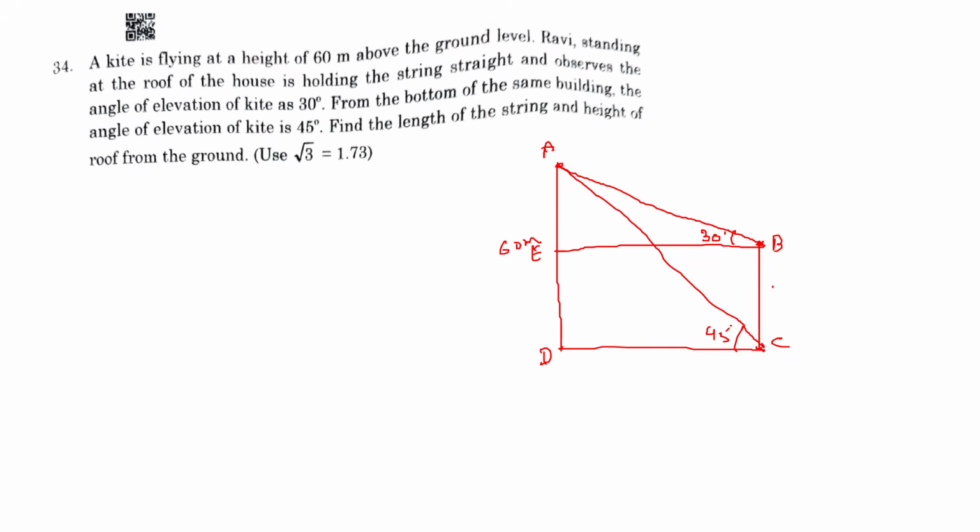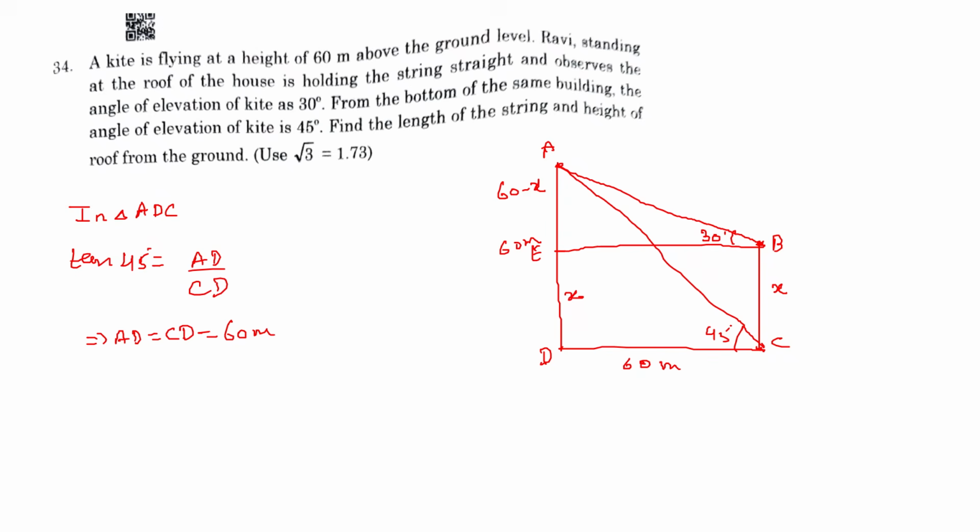If the building height is x, your ED is also going to be x, then AE will be 60 minus x. First I am taking in triangle ADC, tan 45 degree will be equal to AD by CD. Tan 45 is 1. It means AD will be equal to CD equal to 60 meter. So if CD is 60 meter, BE will also become 60 meter.